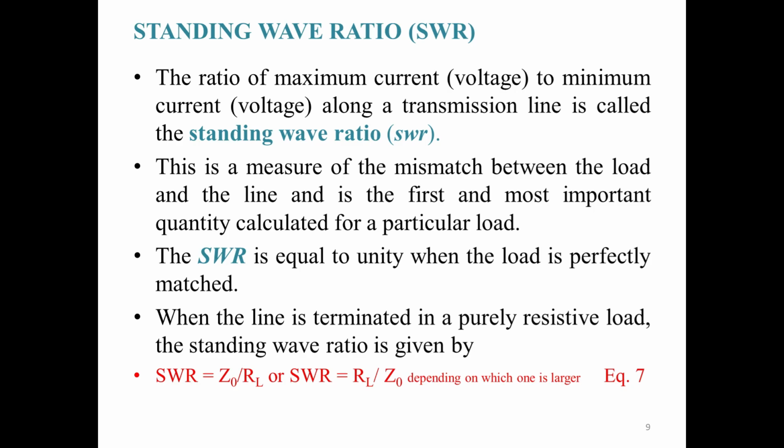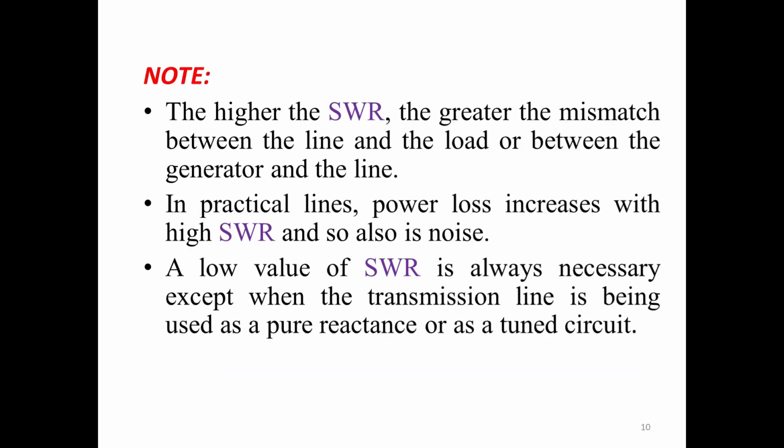The standing wave ratio is equal to unity when the load is perfectly matched. When the line is terminated in a purely resistive load, the standing wave ratio is given by Z0 over RL or RL over Z0, depending on which one is larger.